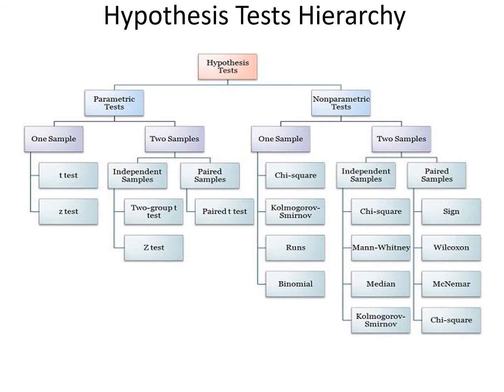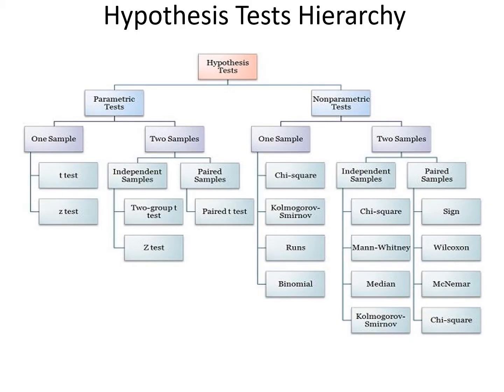For the non-parametric test, for one sample you can use the chi-square, Kolmogorov-Smirnov, and you can also use the run test and binomial test. For two samples, we have independent samples and paired samples.